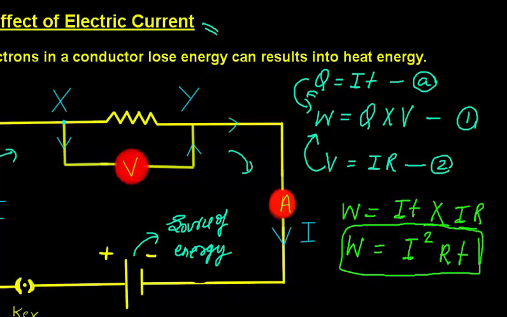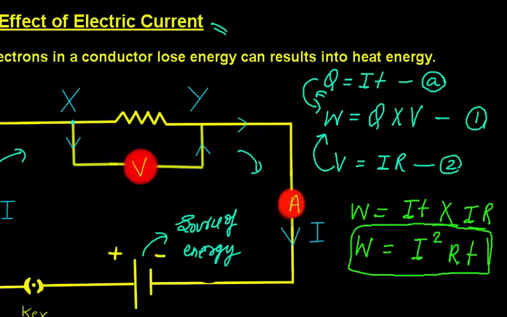of work done in the circuit, then this work is called electrical work, and in the electrical circuit, if this is a purely resistive circuit, that is, the conductor has resistance only, connected to the battery, then all the electrical energy consumed is converted into heat energy.